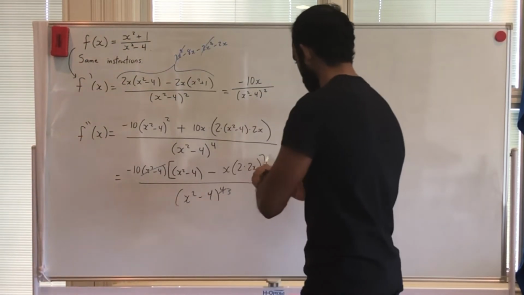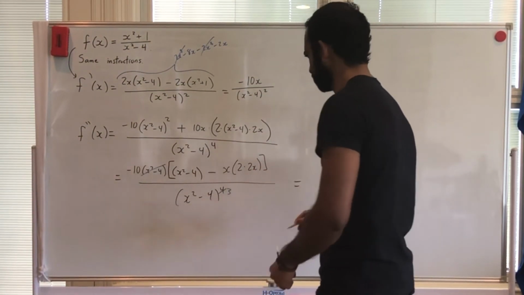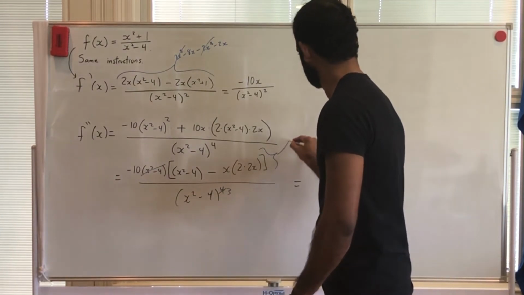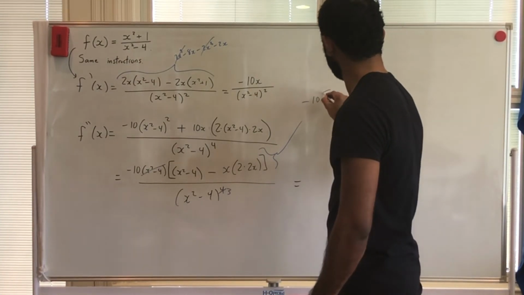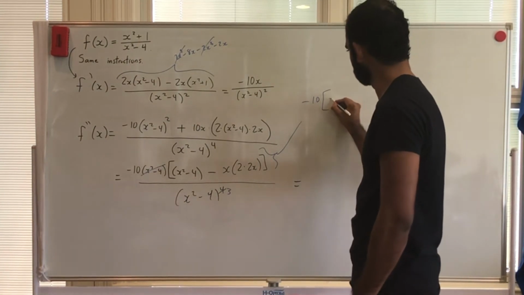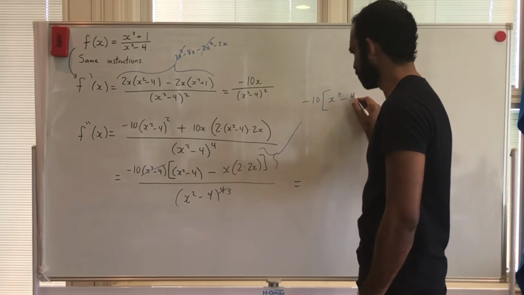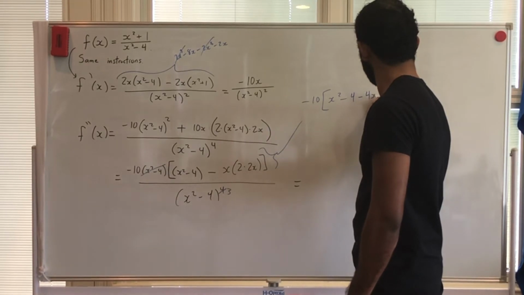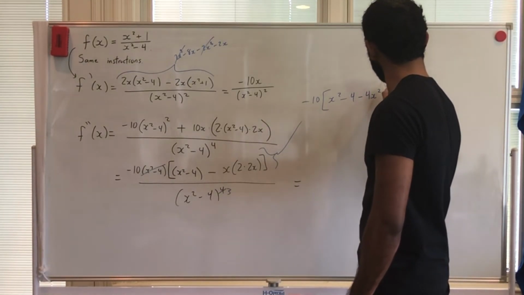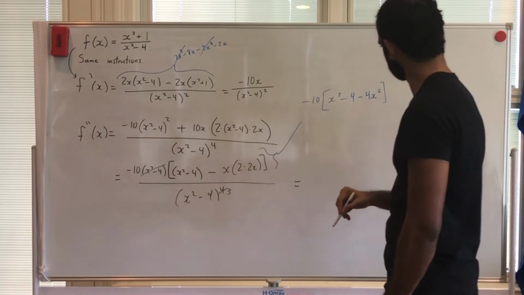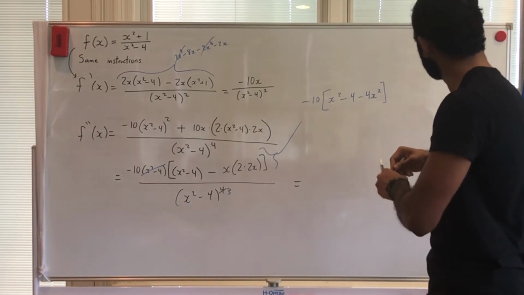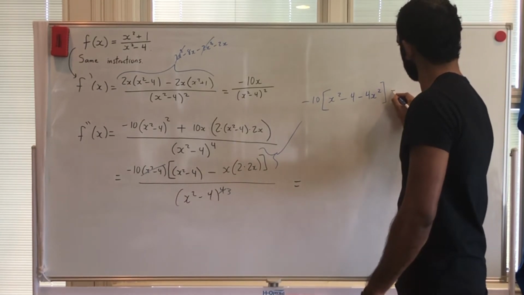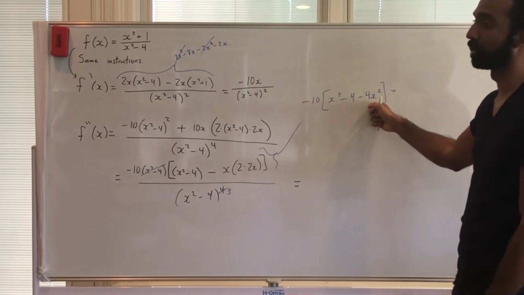Now what do I have going on up top? It would be negative 10 times x squared minus 4, and that's minus 4x squared on the right. So all in all, how many x squared do I have?